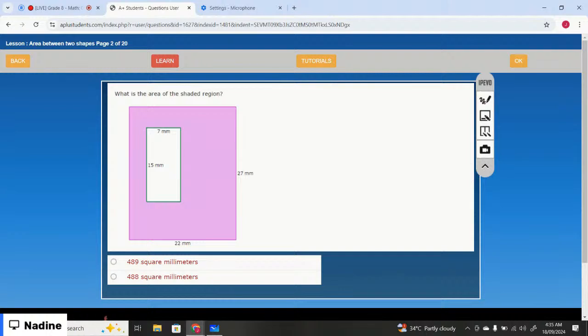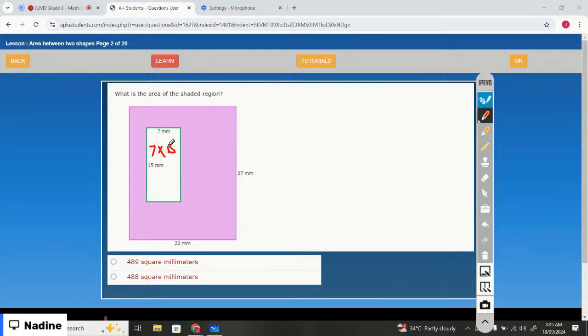Calculate the area of the inner shape and then the outer one. So for this one, you have to do 7 times 15, 27 times 22, right? So 15 times 7 is 105 and 27 times 22 is 594.